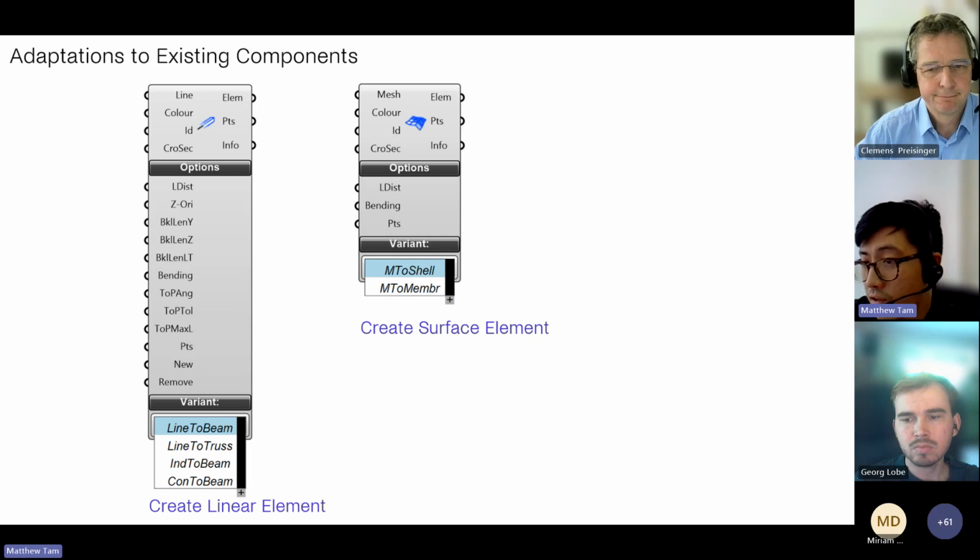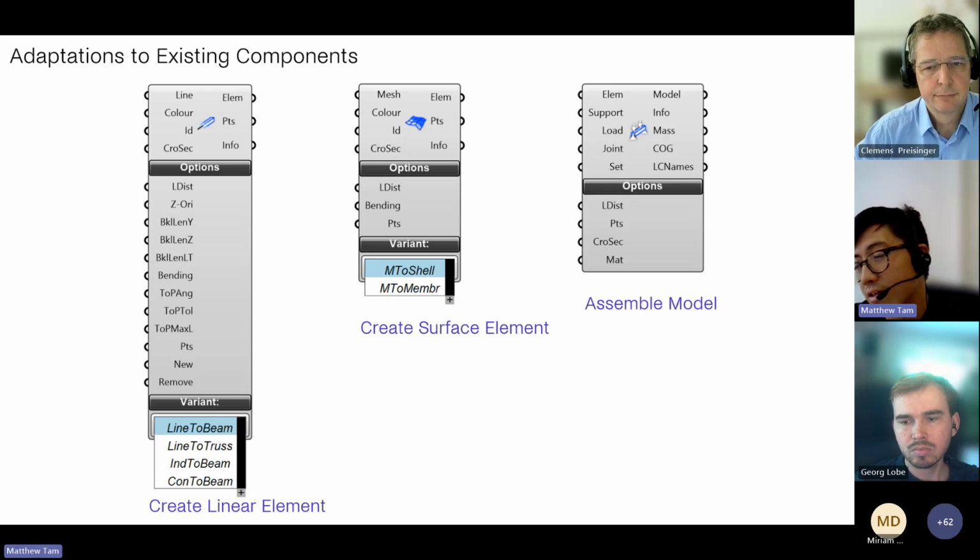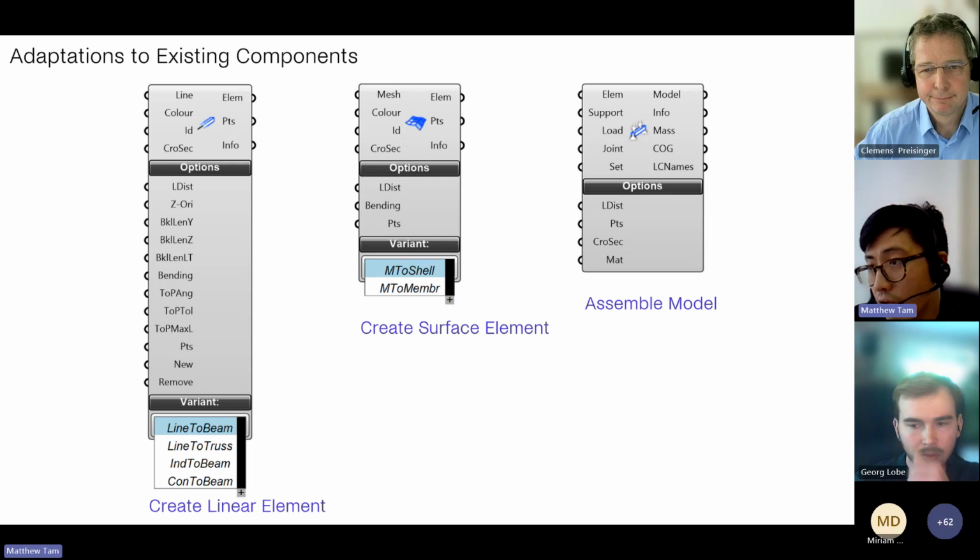Similarly, there's a Create Surface Element, which allows you to create a membrane directly. And the Assemble Model has been simplified a bit, where there's an additional drop-down for the options, so you don't need to put in any input if you do not need to.